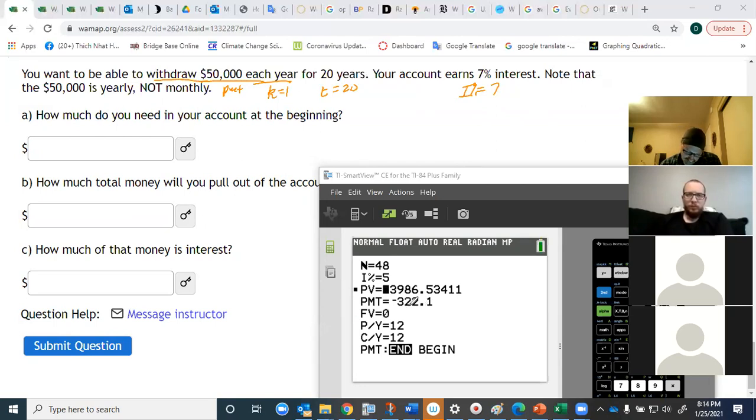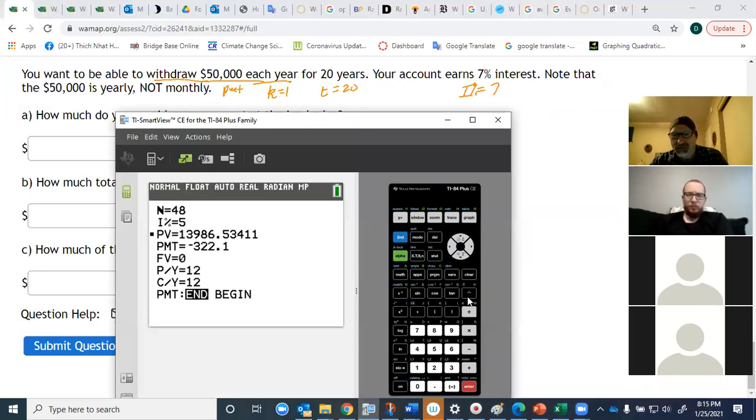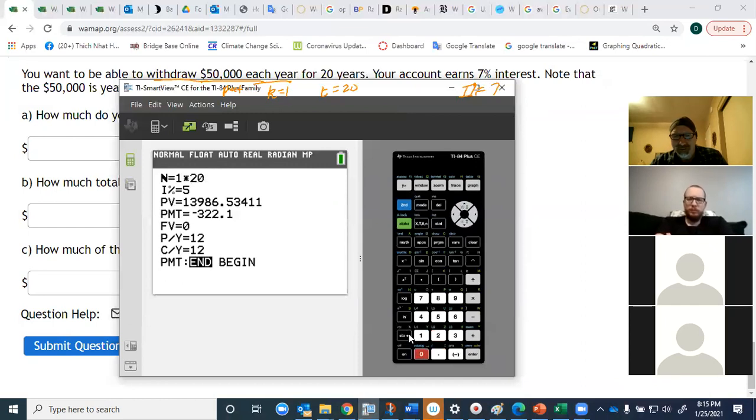That's all we need, because what is N? N is K times T, 1 times 20. You're going to make 20 withdrawals. Our interest rate is 7%, which is a pretty good interest rate. Your present value is what's unknown, so I'm just going to put any number in there. But we know our payments.